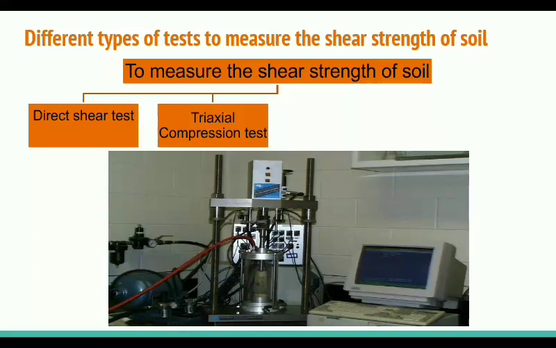Soil should fail along its weakest plane, but in the direct shear test we have just fixed the weakest plane as the horizontal plane, which is not true in some cases. In the triaxial compression test we have not fixed any plane, so the soil will fail along the weakest plane, which we can calculate later.